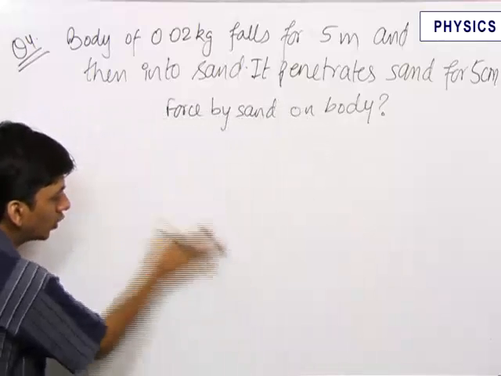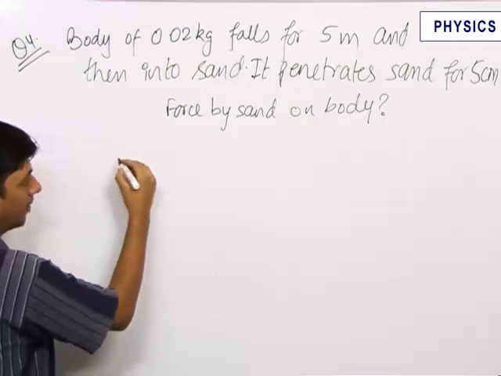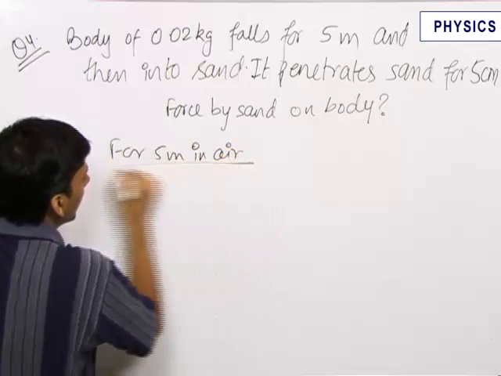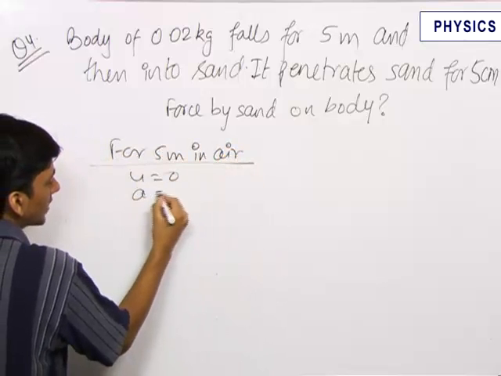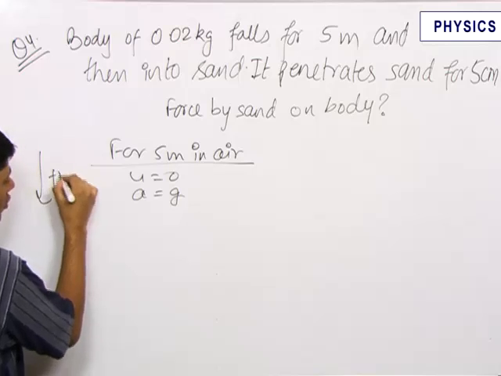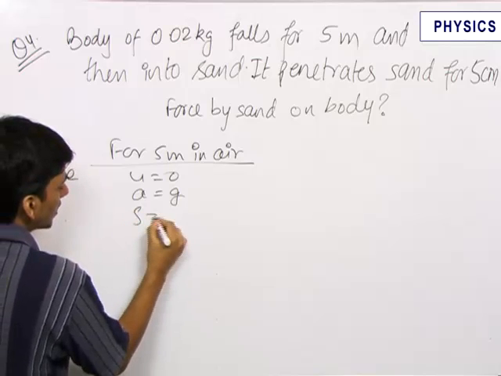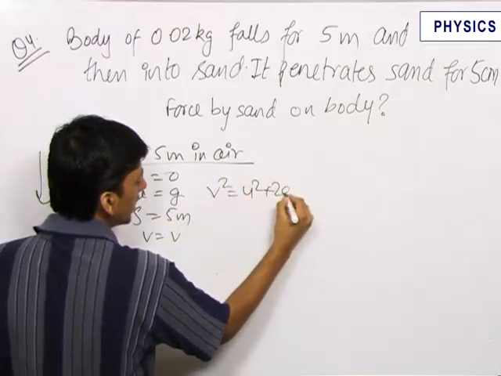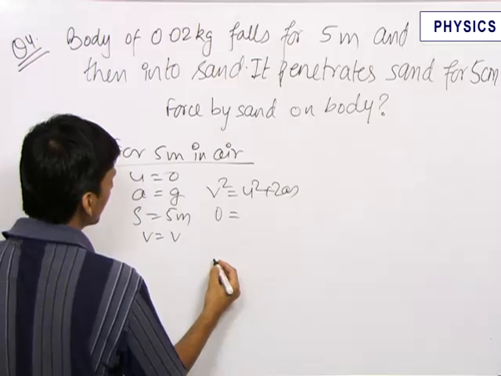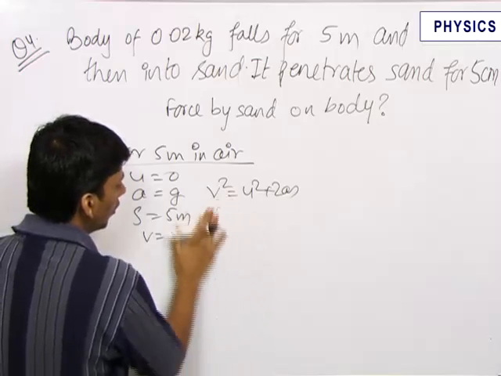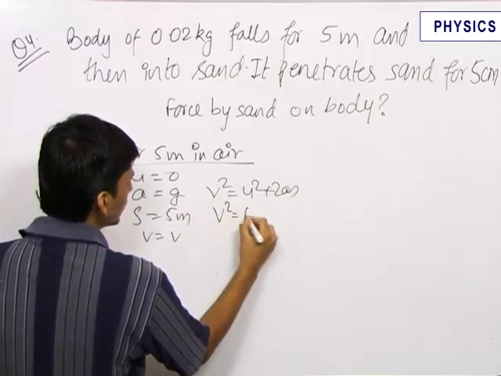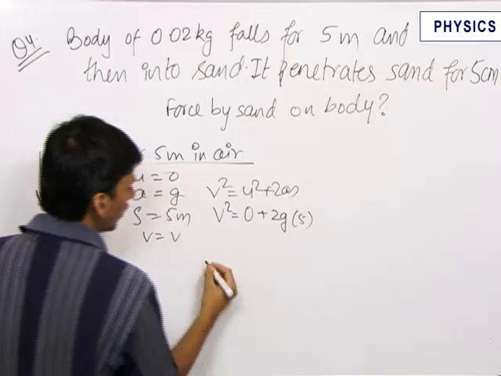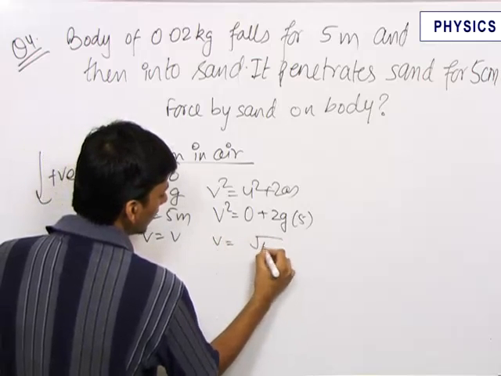So first let us find out what happens when the body falls for 5 meters in air. Initial velocity of the body was 0, acceleration is equal to g, we assume the downward direction to be positive, the displacement is 5 meters, let the final velocity be v. v squared is equal to u squared plus 2as, so v squared is equal to 0 plus 2g into 5, so we get this as root over 10g.